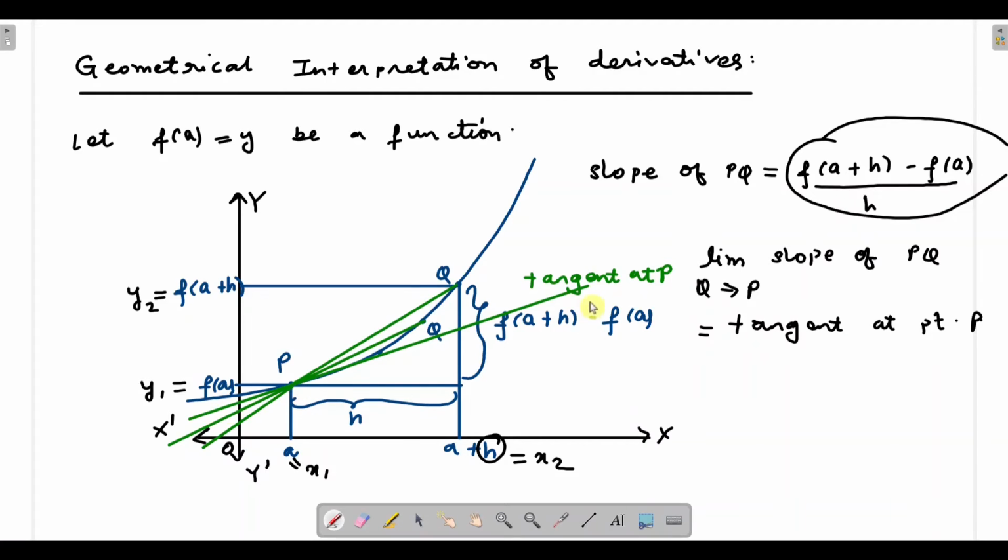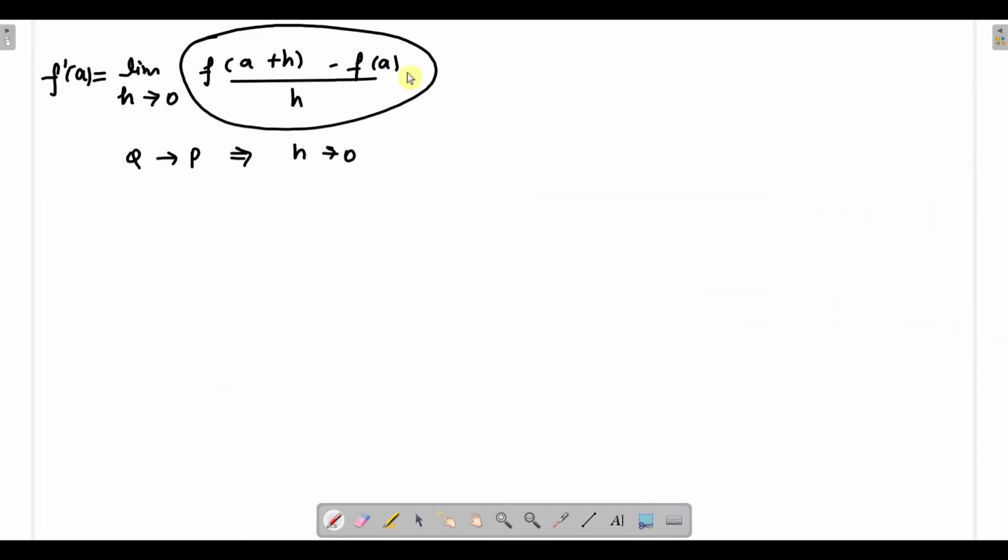And that means you will get the tangent at p, because you can see that in the limit q tends to p, the slope of pq is this, which is the same as this quantity, right? And we have seen the relation that the limit q tends to p is actually nothing but the limit h tends to 0.